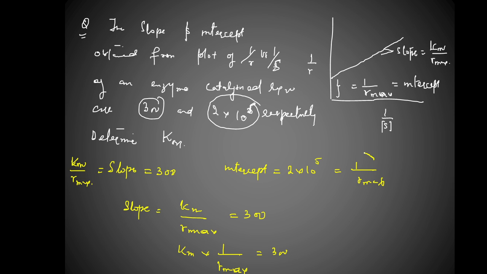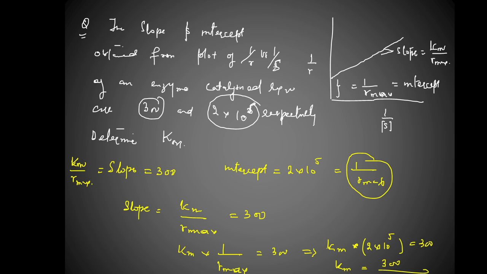Now we know that 1 divided by R max is the intercept, which is given as 2 into 10 to the power 5. Therefore, Km into 2 into 10 to the power 5 is equal to 300. So Km will be equal to 300 divided by 2 into 10 to the power 5.